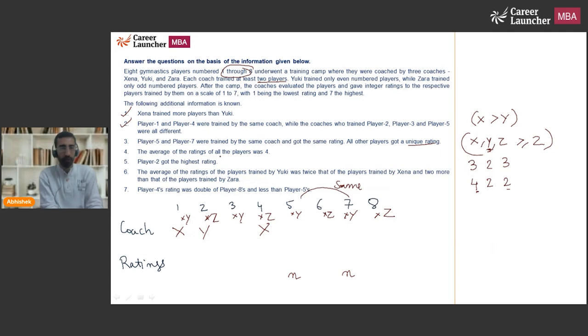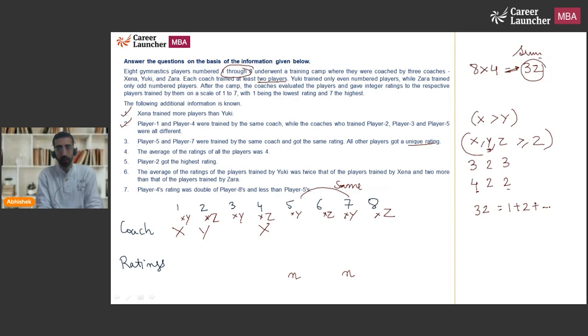The average of the ratings of all players was 4. Now I have 8 players. Average is 4. It means the sum of ratings is 32. How is a sum of 32 possible? If my sum is 32, all the players have at least 1, 2, 3, 4, 5, 6, 7.